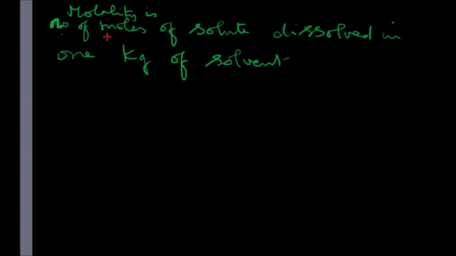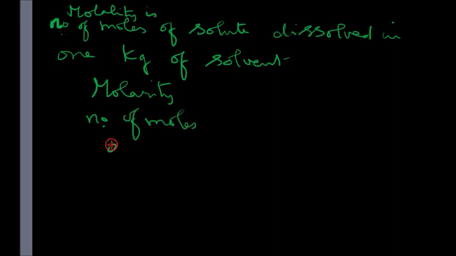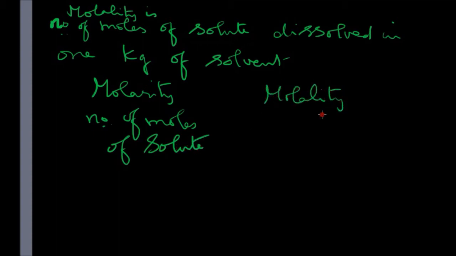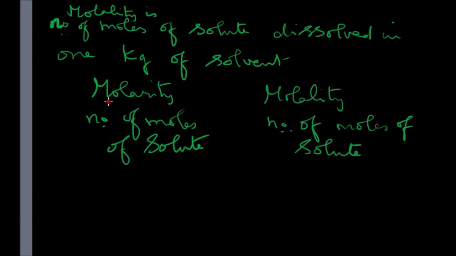Compare it with molarity. Molarity involves number of moles of solute, and molality also involves number of moles of solute. Now, how do we define molarity? It is the number of moles of solute in 1 liter of solution.